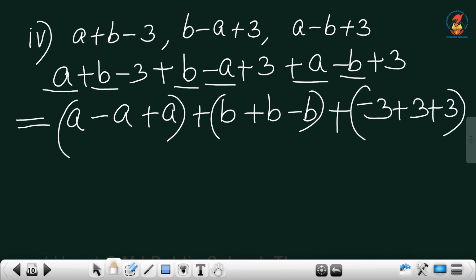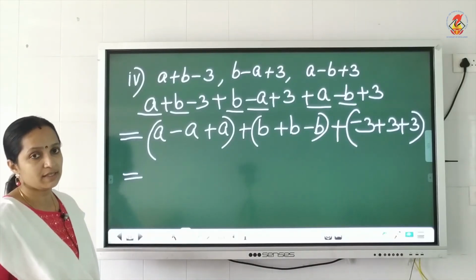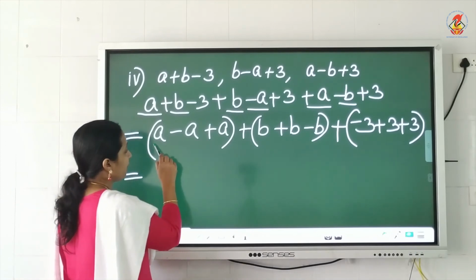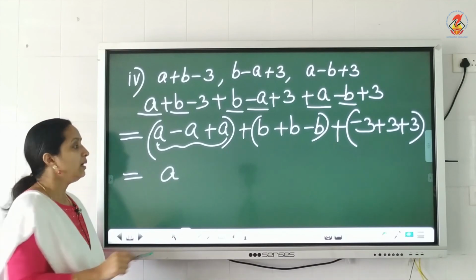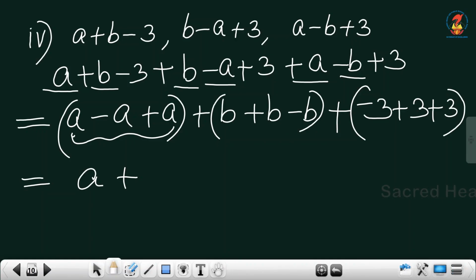Okay. Now you have to solve the groups. I told you the numerical coefficient is 1. So you can do the mind calculation also. 1 minus 1, 0. 0 plus 1. What is the answer? 1. So what will be the answer of this? A. Plus B plus B. That means 1 plus 1. 1B plus 1B.